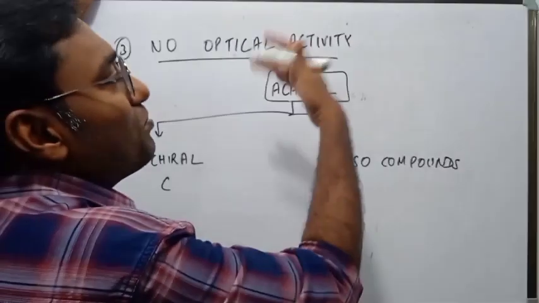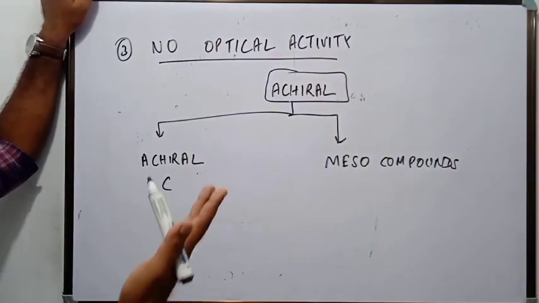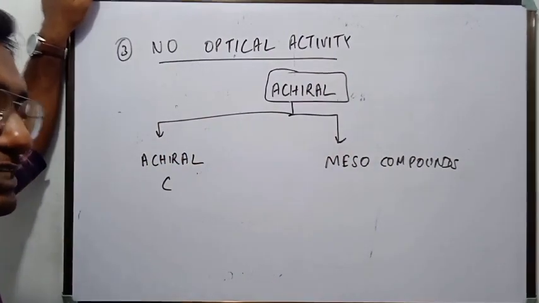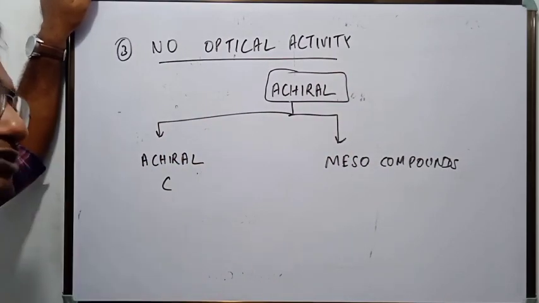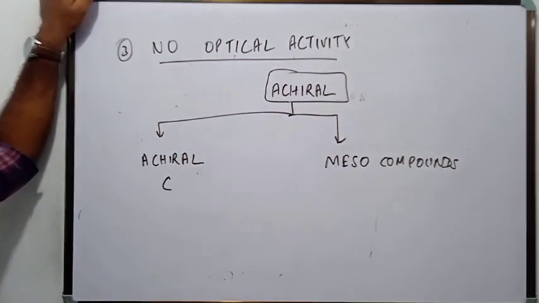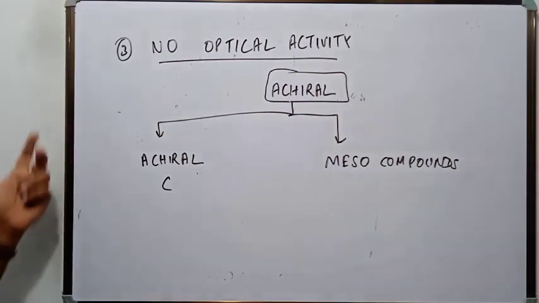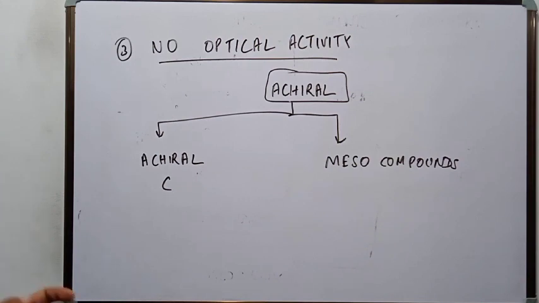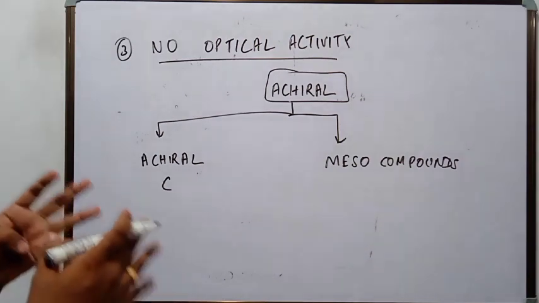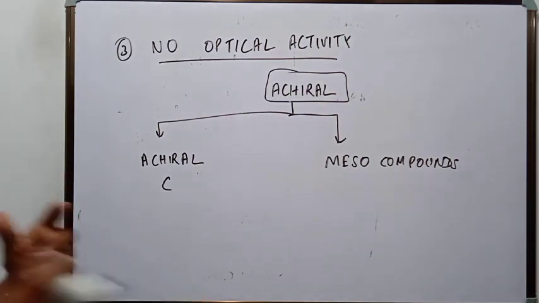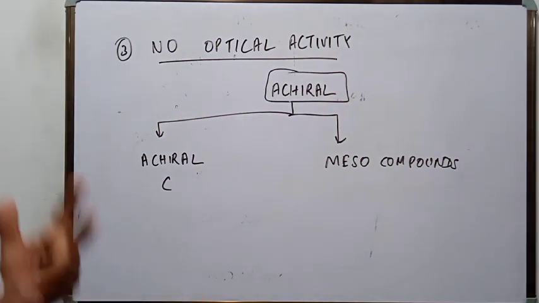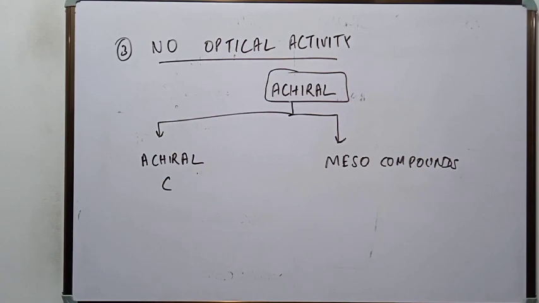There is no optical isomer or enantiomer possible, and there is no question of it showing optical activity, because no isomer is possible. Because achiral molecules are symmetric, they don't show optical isomerism or enantiomerism, which is the same thing.